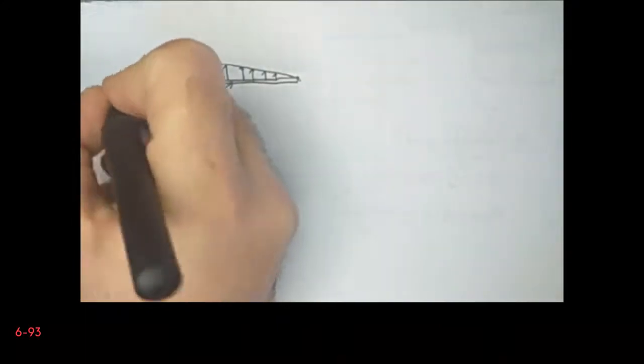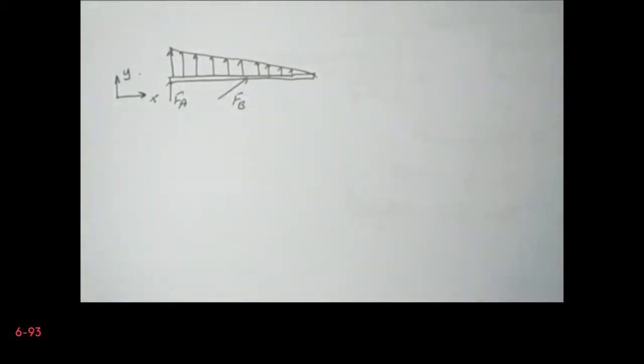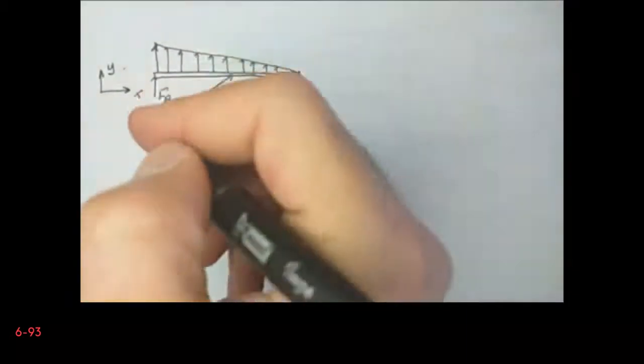So x is horizontal and y is perpendicular. Okay, so these are the forces.